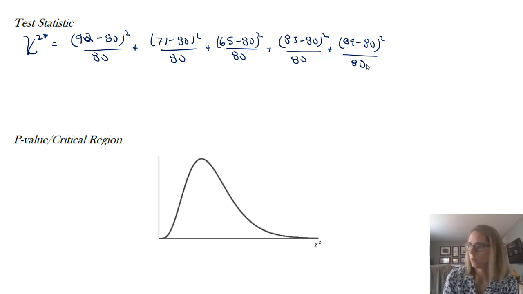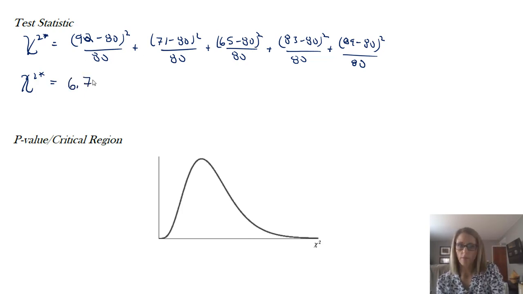So then you can put this, as you know, into your calculator and see what comes out. And if you do that, you should get 6.75. So again, all together, or you can put them in separately.